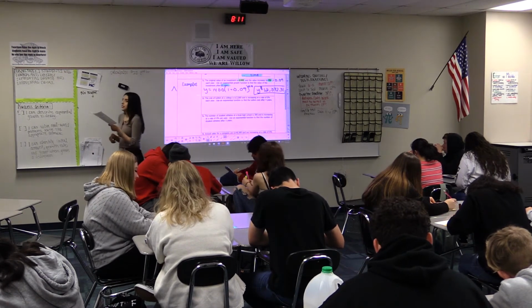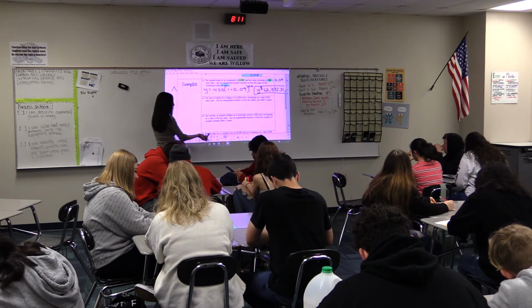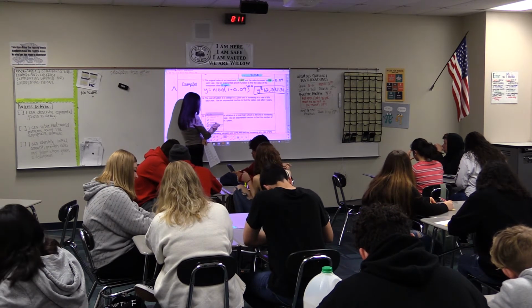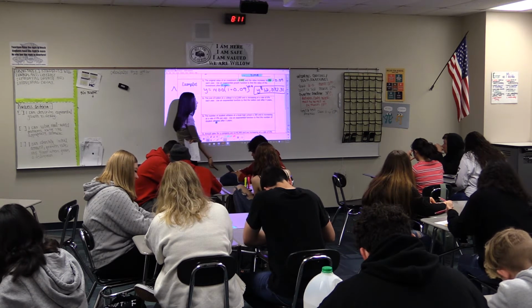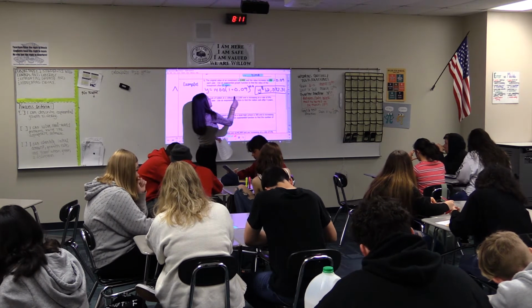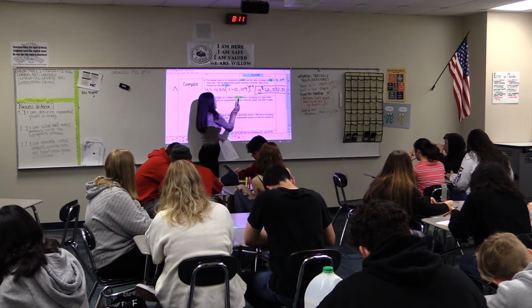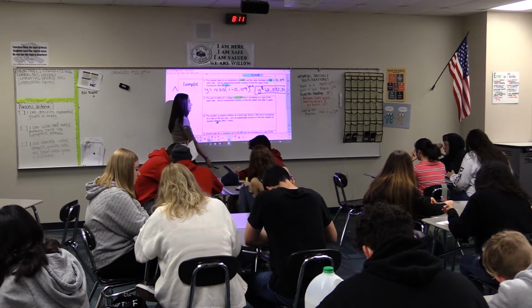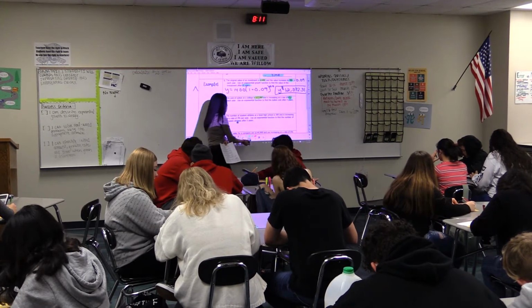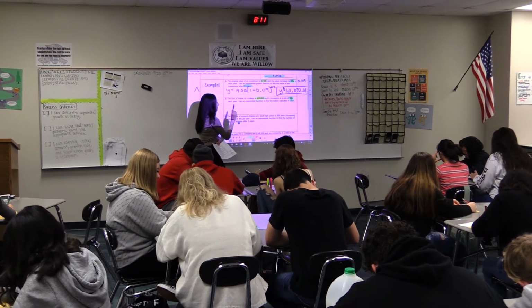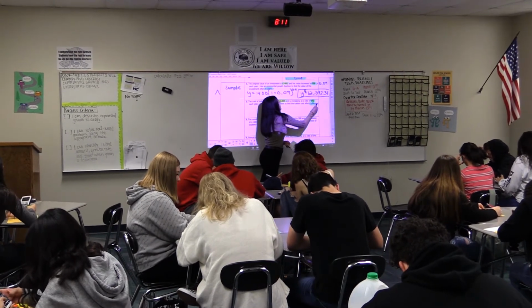All right, so enter it into the formula, so you need to identify which is which. So what is the initial amount? 12,000. The growth rate? 6%. And the time? 4 years.